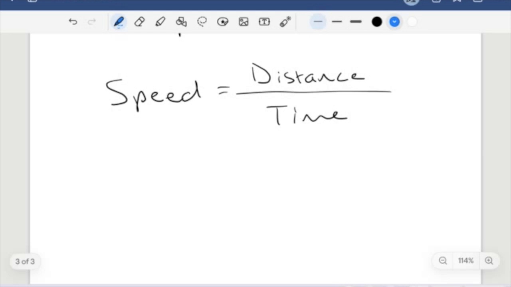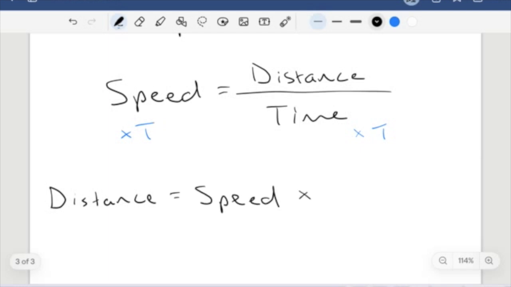We can make, for example, distance the subject by multiplying by time. So we can multiply both sides by time. So we can write this formula in another way. Now the distance is the subject of the equation. Distance can be given by speed multiplied by time.